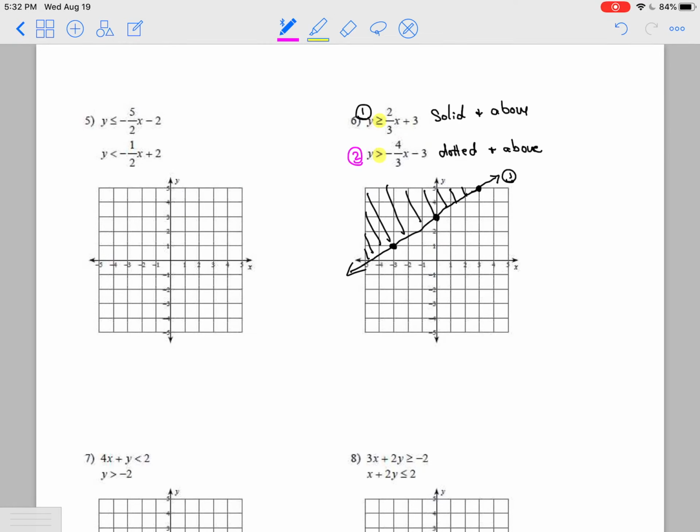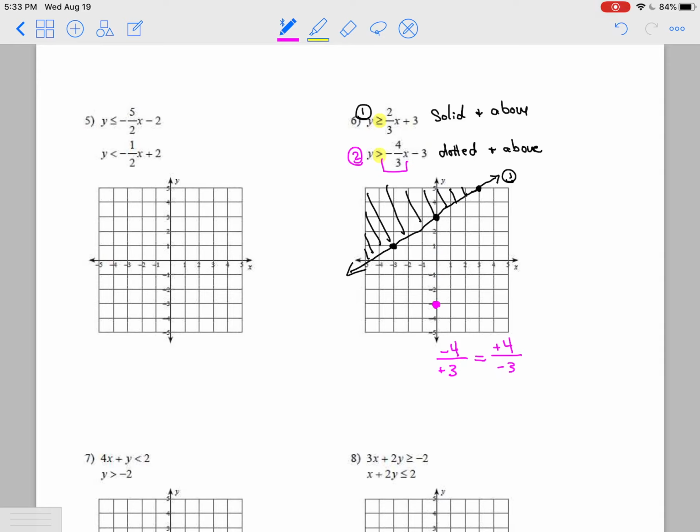All right, let's go to our second equation. This time our y-intercept is at 0, negative 3, and we've got a slope here of negative 4/3. I don't have any room to go down 4. You guys see that? I would be off of my graph. So I know that that's exactly the same as going up 4 and over negative 3.